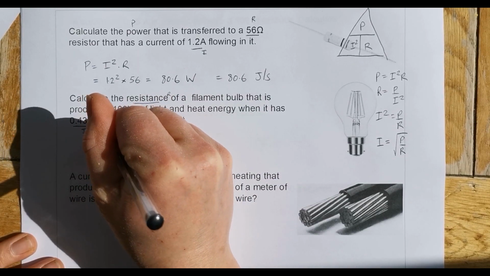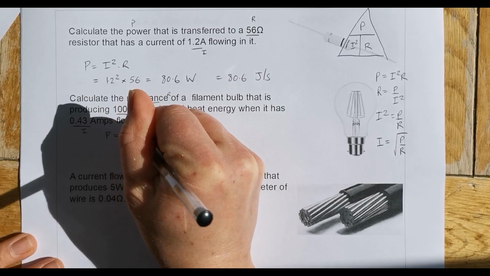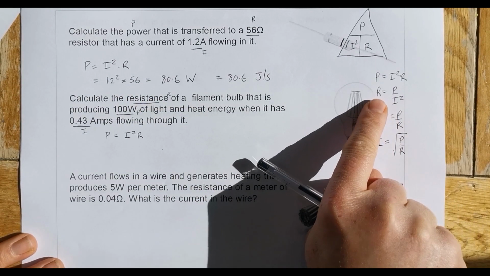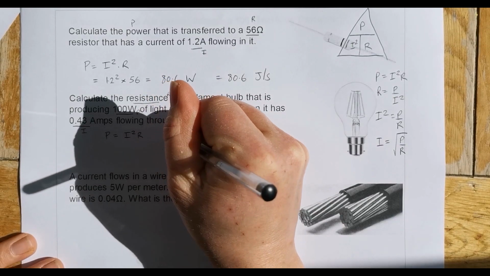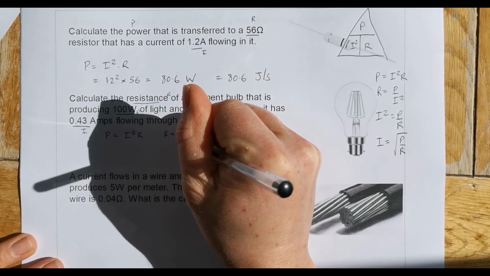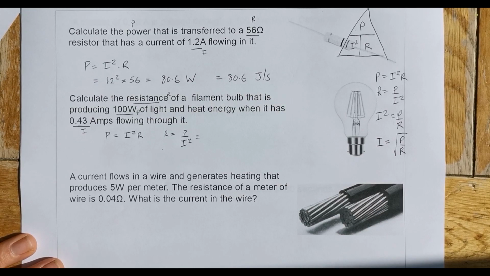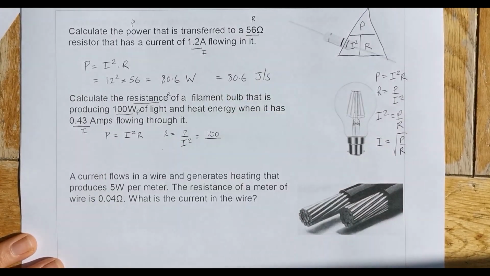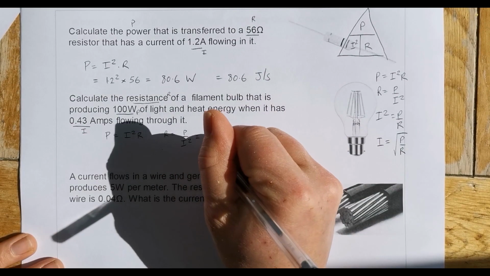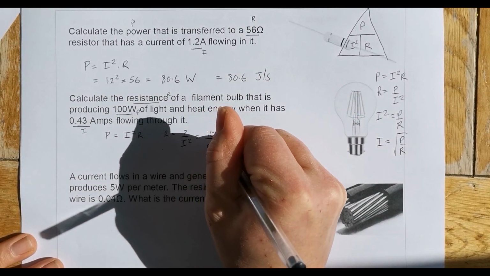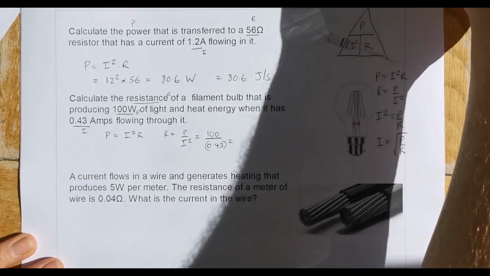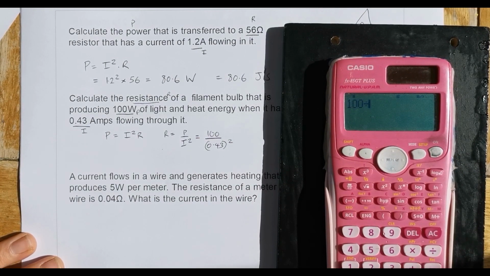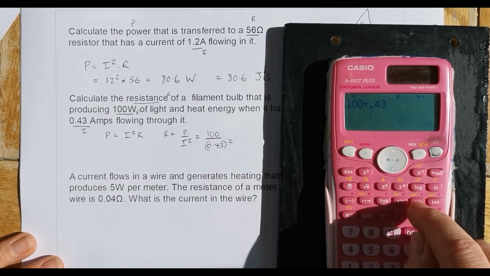P equals I squared R, but R is P over I squared. P is the power, 100 watts, and 0.3, don't forget the square, 0.3 squared. Let's do that on the calculator. 100 divided by 0.3 squared.